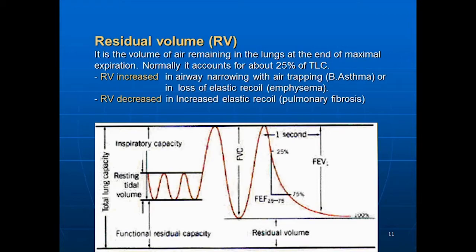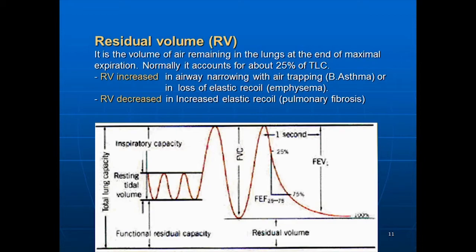Did they have poor flow but good volumes? Again, obstructive disease. Well, the second part they're going to look at are their volumes and capacities. Someone who has a restrictive disease is usually going to have a low volume and a low capacity, and someone who has an obstructive disease may have a normal or sometimes an increased volume. So we look at the residual volume.